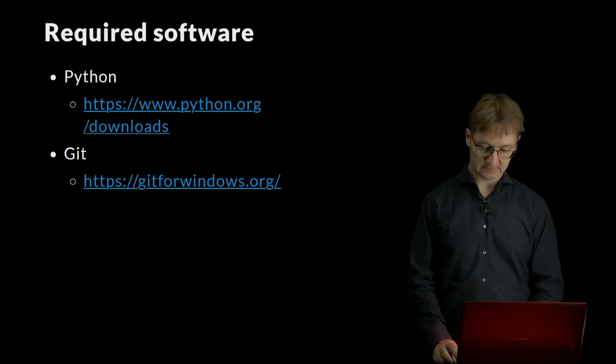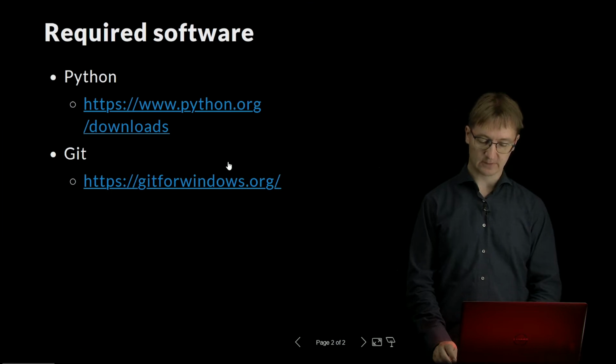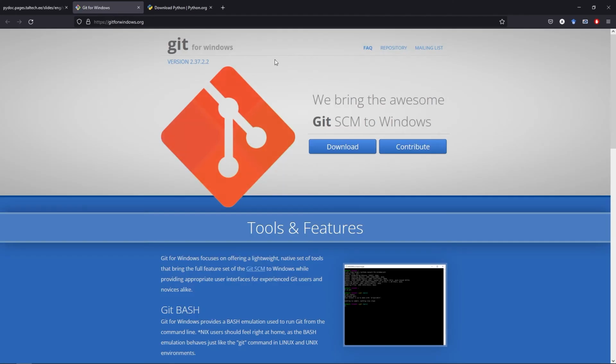And here is the link to get Git for Windows. If you are using Mac or Linux, it can happen that you already have Git. That's quite normal. If not, then you can just Google how to install Git into Mac or into Linux. If you install Git, then during the process there are some questions. Most of them you can just let the default value be chosen by the installer.